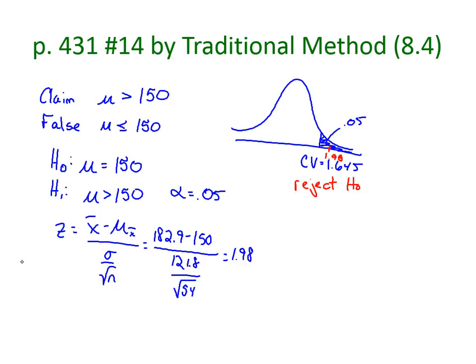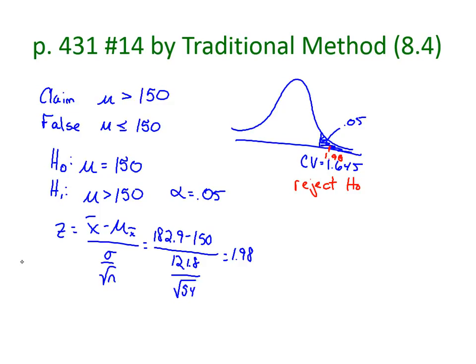Because this shaded blue region is only going to happen less than 5% of the time if my true mean is 150 pounds and I get a sample that's this extreme. So since I got a sample that was that extreme, I'm going to assume that my original assumption that the mean equaled 150 was false.